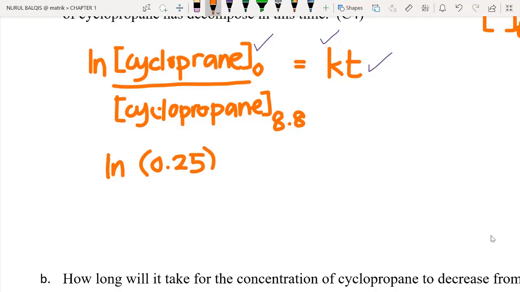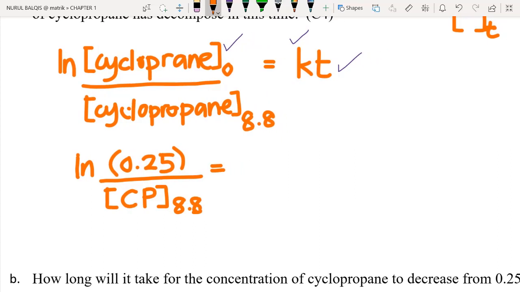Then we want to find the concentration of, let's say I use short form for this, CP, after 8.8 minutes equal to, our K is 6.7 times 10 to the power of -4, times, they give you 8.8 minutes, so I want to change it to second.